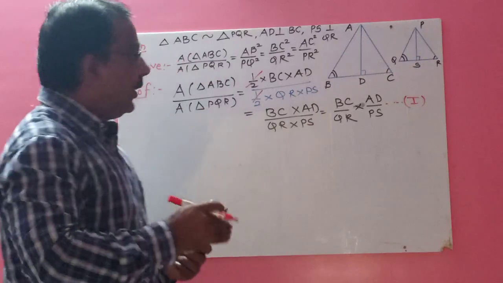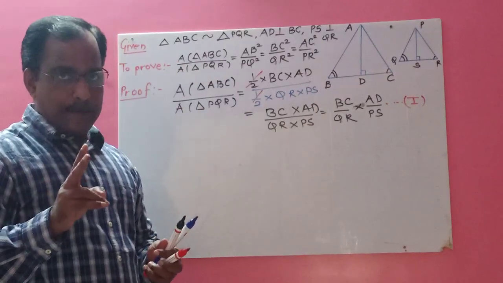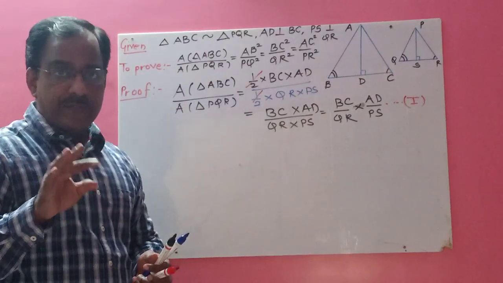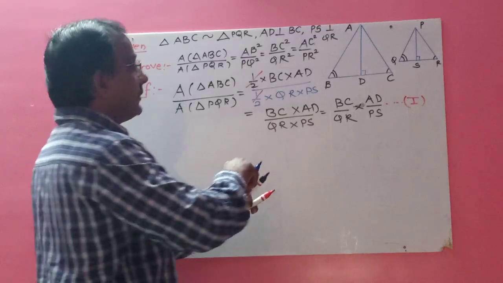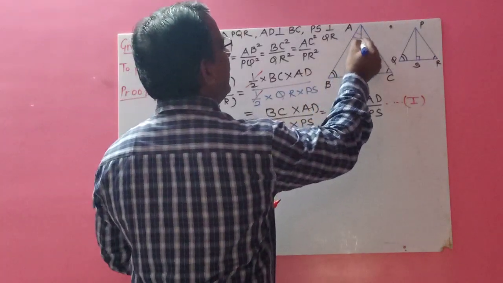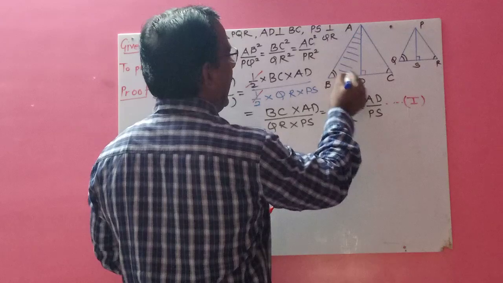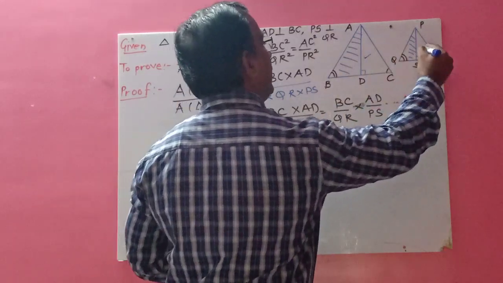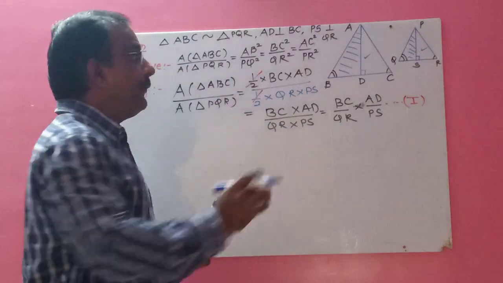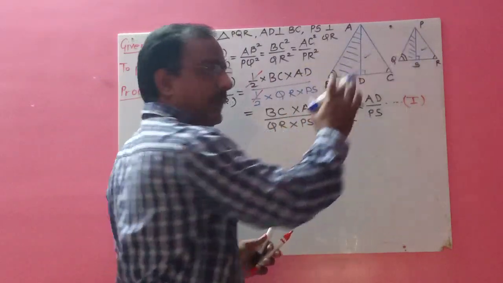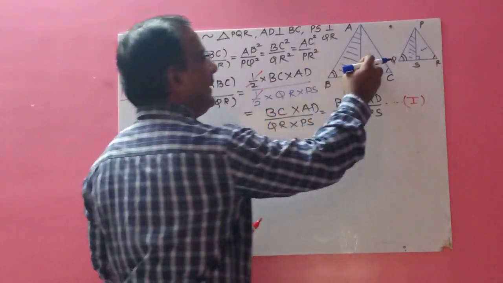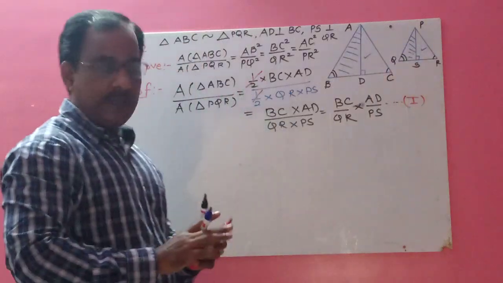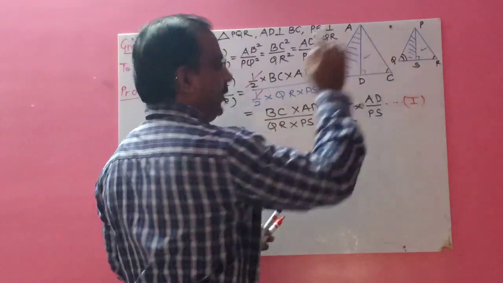Understood? Now take two triangles and prove them similar. Which two triangles? This one. Take this triangle and this triangle. Or you can take this triangle and this triangle. Prove these two triangles similar. I am taking this shaded one.